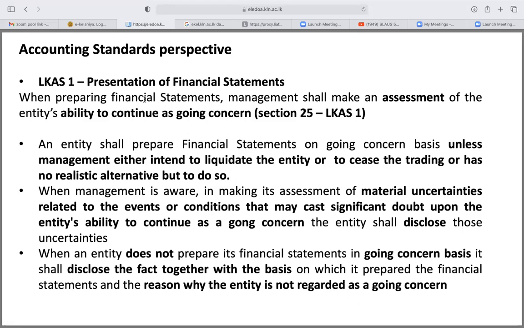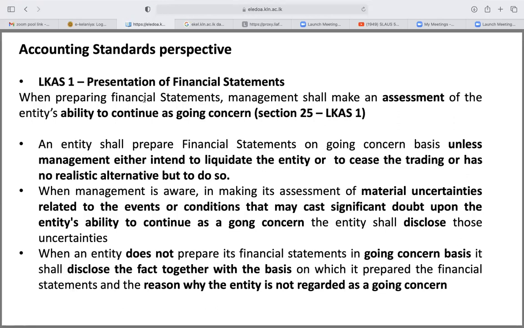But what they are not doing is assessing anything, planning anything, or thinking about the going concern ability. So according to LKAS 1, if we are preparing a financial statement, management shall make an assessment of the entity's ability to continue as a going concern.